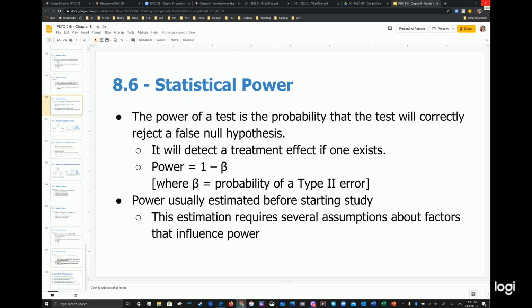So the last bit of our lecture recording today is going to talk about statistical power. If you remember, there are 4 outcomes based on the 2 decisions we make in 2 situations where either the null is true or the null is false. And we could decide to reject the null or fail to reject the null.